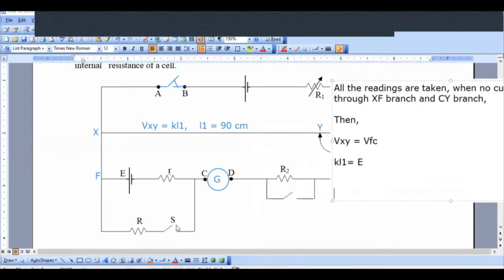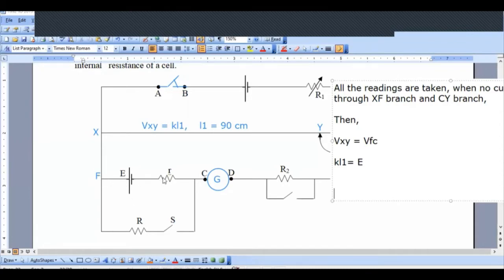You see here the switch S is open. As switch S is open, no current flows in the capital R resistor or in this branch. So as no current flows in the FC branch, the R resistor cannot generate any potential difference. Therefore, VFC is equal to the EMF of the battery.